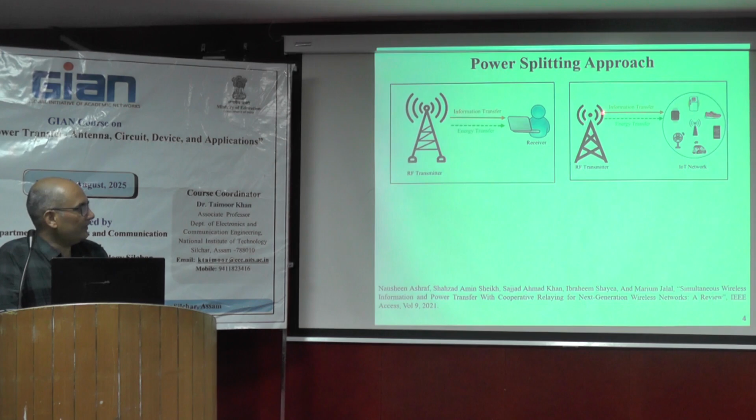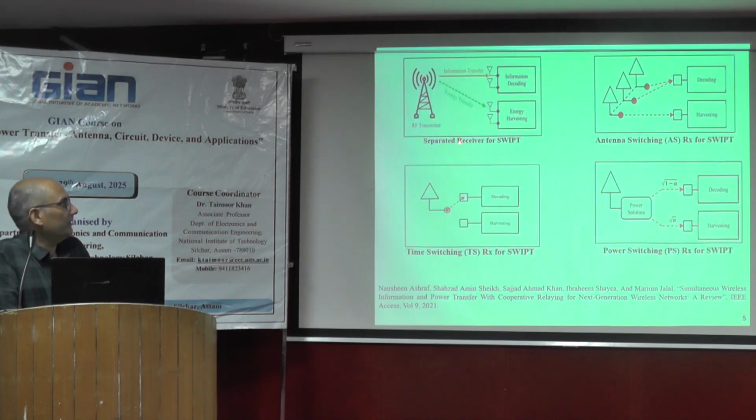The receiver may have an environment of sensors or IoT devices, and the power requirement of these devices is very small. That's why, in addition to sending the information, we send the power also to excite them. Then there will be no requirement of having a battery inside this IoT network. That is why we are sending both information as well as energy from a dedicated source.